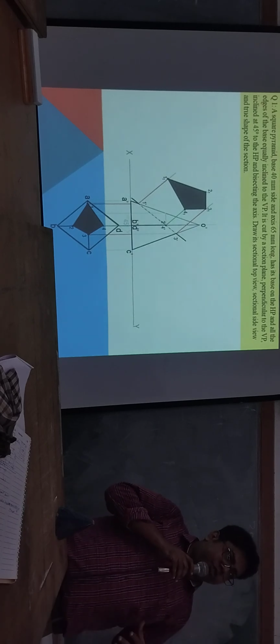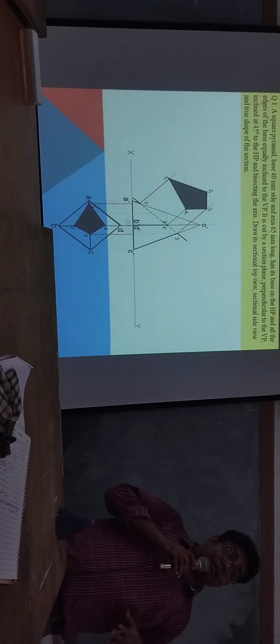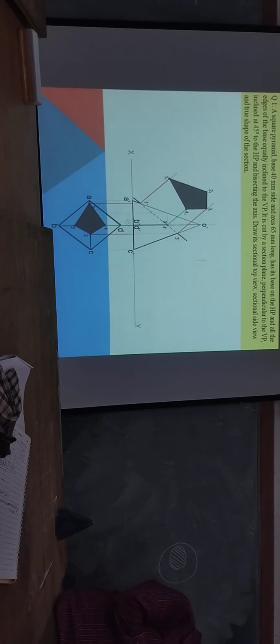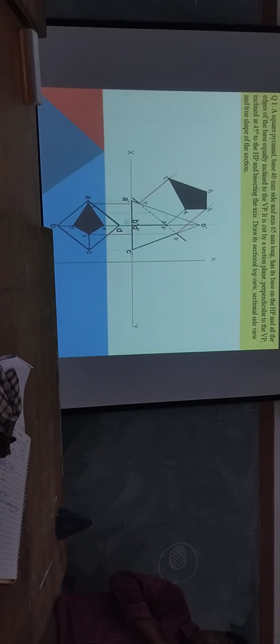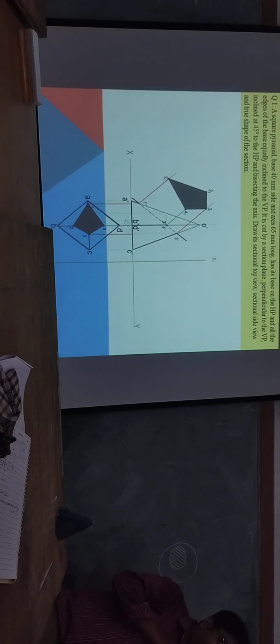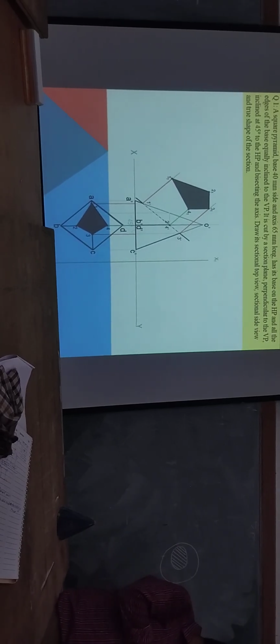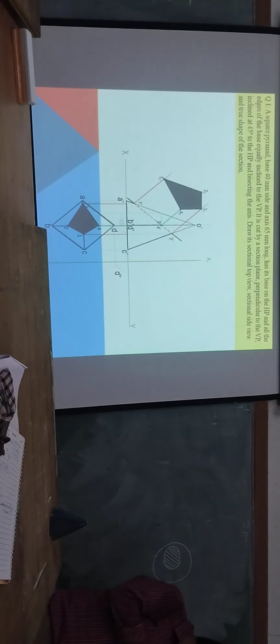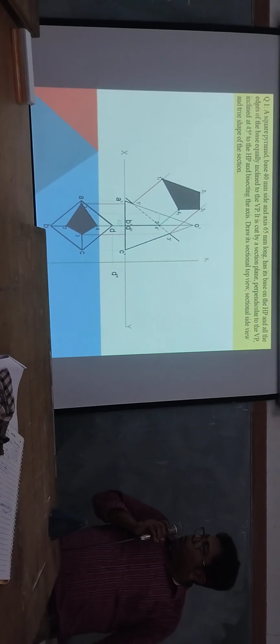Now side view. Try to understand now side view. What was the problem? For side view, remember one thing. So now x1, y1. It is another reference line. What is done?